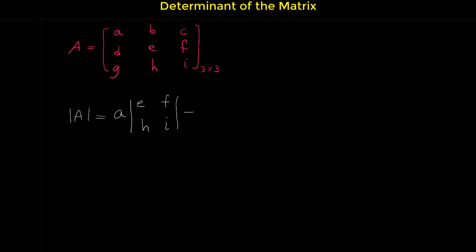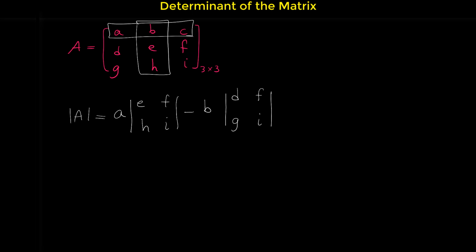Minus, always minus B times determinant of, again, delete the first row and the column of B. What remains is D, F, G, and I. So minus B times this determinant. And finally, probably you can guess what is the next term that we have to put here.